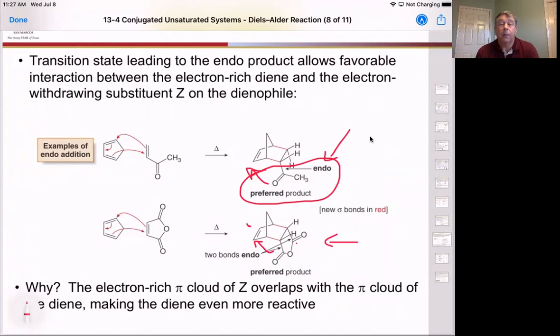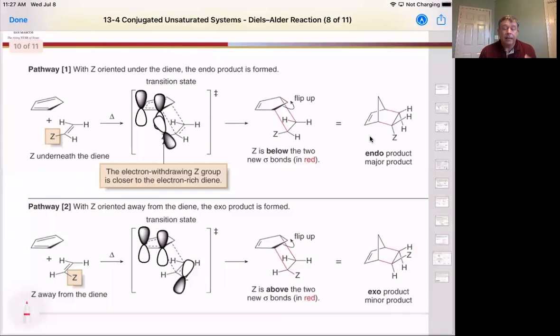So why does it prefer the endo configuration? In the transition state, as the dienophile moves in close, the electrons of the diene up here are going to start interacting with the electron withdrawing group of the dienophile.